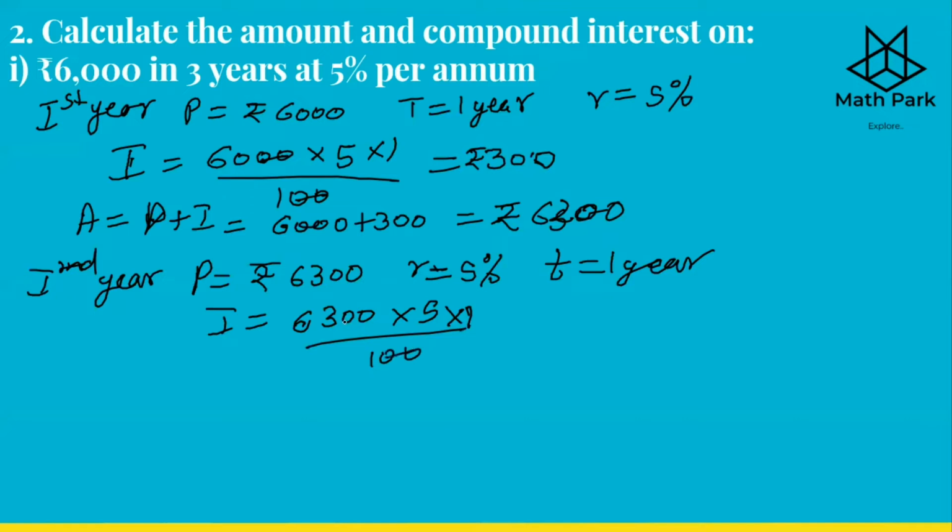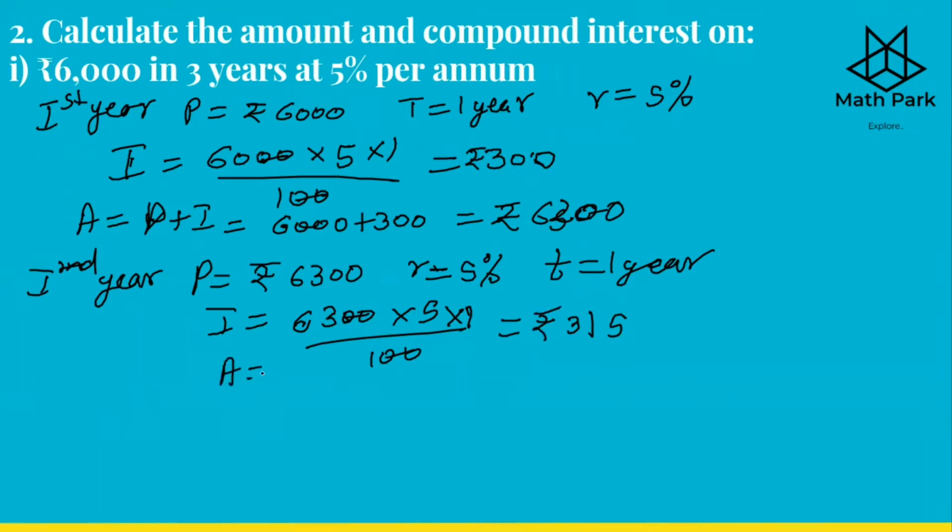So we get 63 into 5. 5 3s are 15, carry 1. 5 6s are 30 plus 1 is 31. We got rupees 315. Rupees 315 is our interest for the second year. Got it?